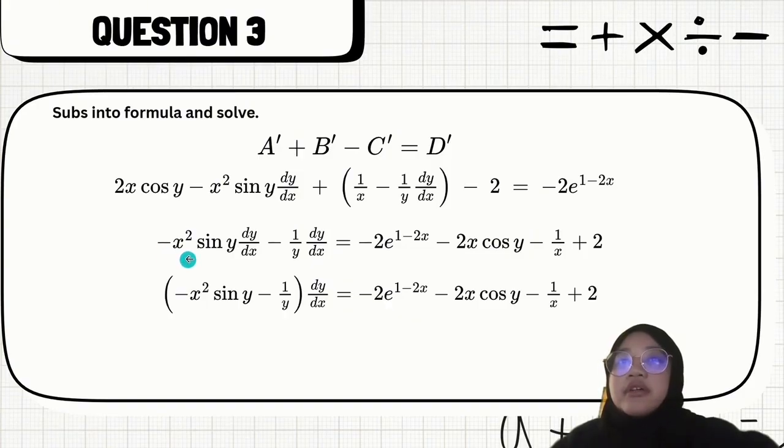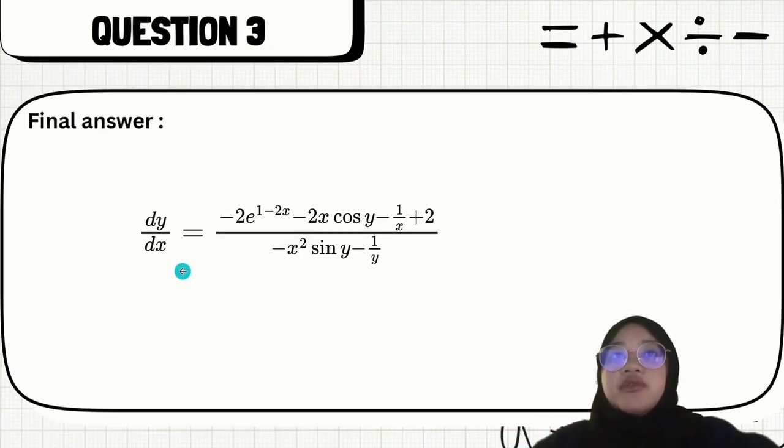And then we will factor out dy/dx. So we will get minus x squared sin y minus 1 over y, times dy/dx, equal to negative 2 e to the power of 1 minus 2x minus 2x cos y minus 1 over x plus 2.